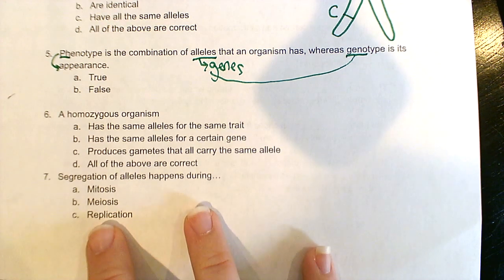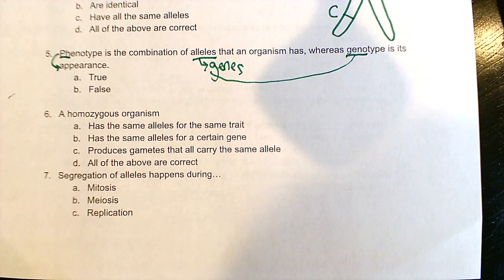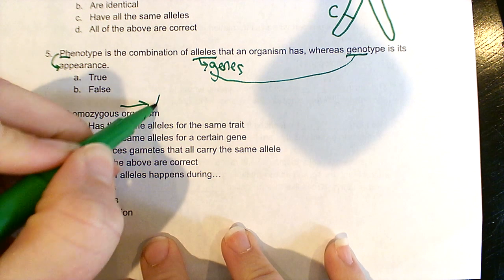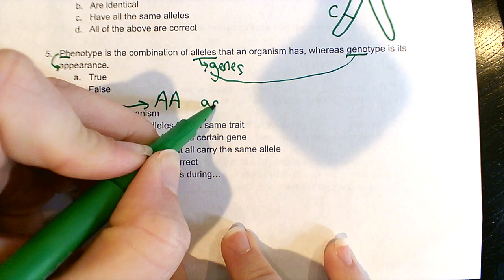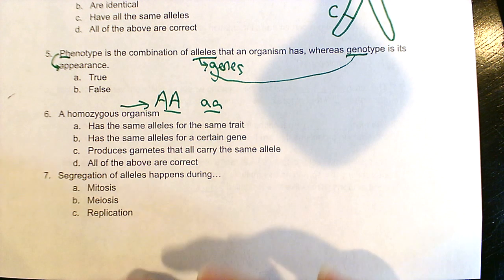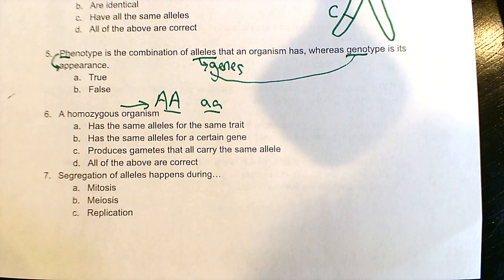6, a homozygous organism. And we're talking about homozygous. We're looking at things like this that have 2 identical alleles. I'm looking back at my choices, and I actually kind of don't like this.